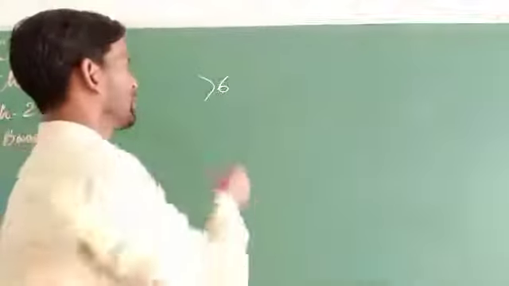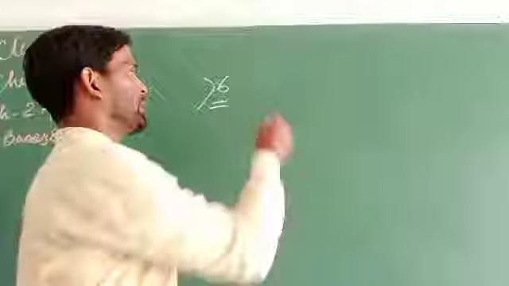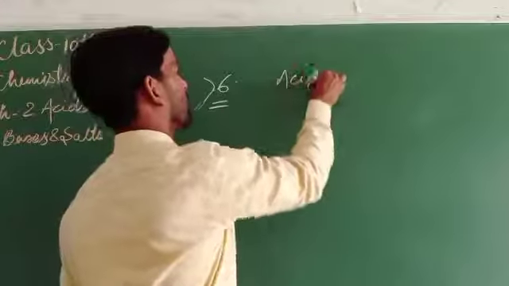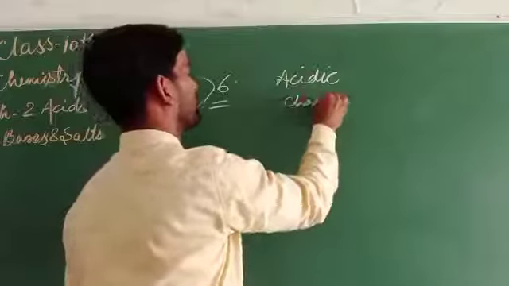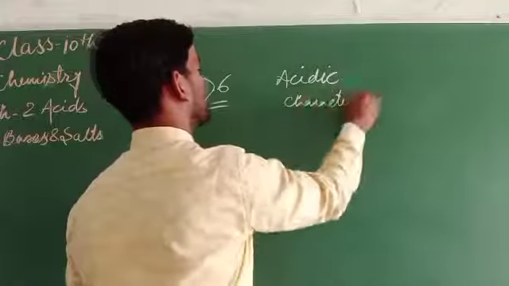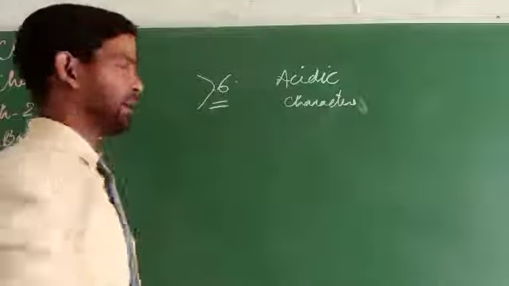That means if its pH is lower than 6, it can be treated as acidic. These acidic characters are shown by the nettle stings.